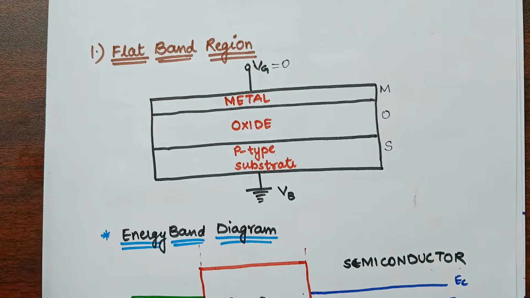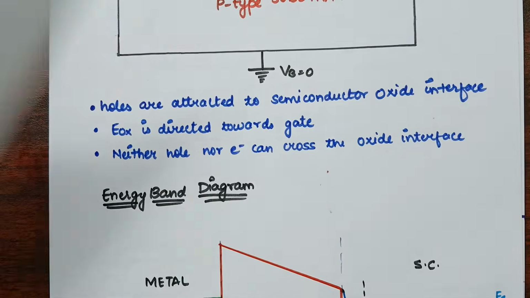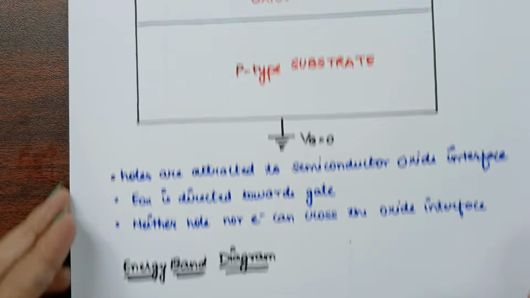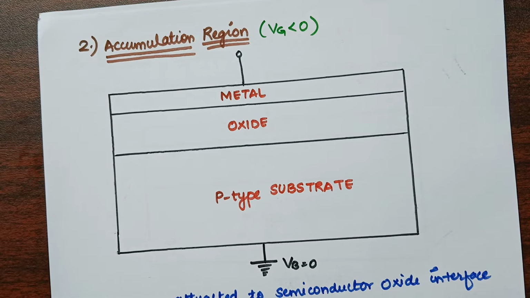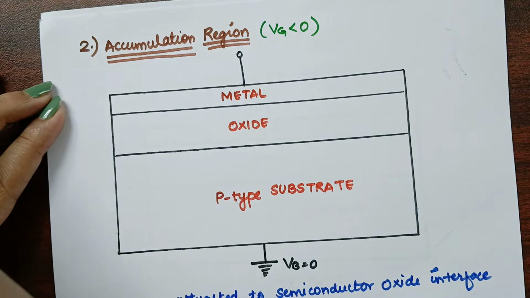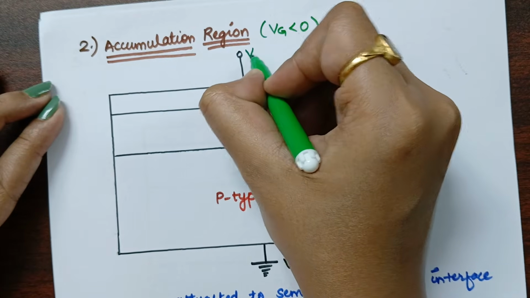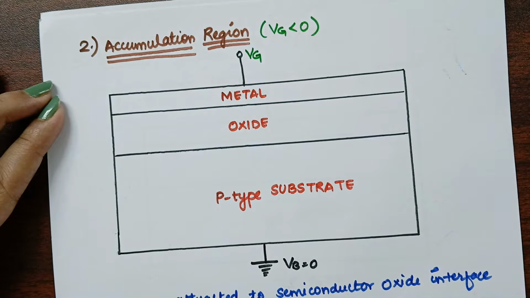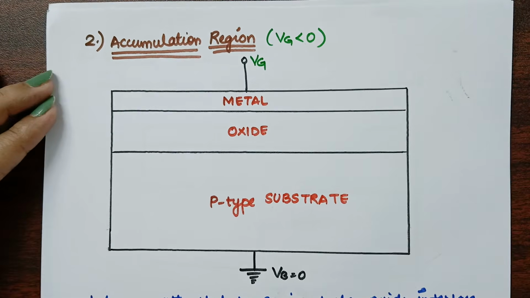Here we observe nothing. Then the second one is the accumulation region. In the accumulation region, we apply negative voltage across the gate terminal. As we are applying VG, this is the gate terminal, so here we are applying the negative voltage across it.